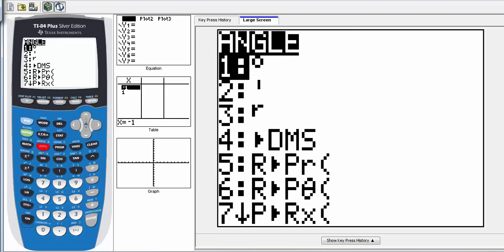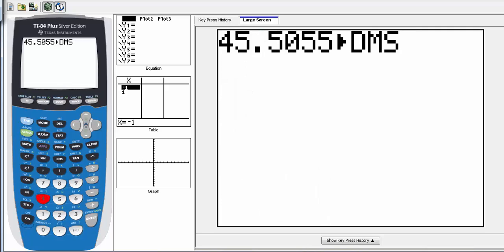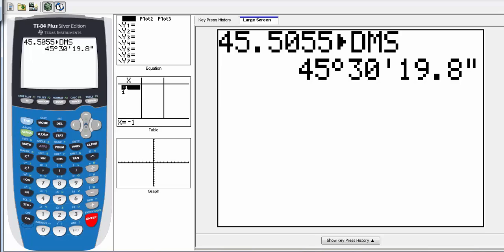We want to hit the apps key to go into angle, and if you notice, you scroll down to number 4, you see DMS, and this little triangle here in front means we're going to change it to degrees, minutes, and seconds. So we can either scroll down to number 4 or simply type in the number 4, and we're going to change this decimal to degrees, minutes, seconds, and if we hit enter, there's the answer.